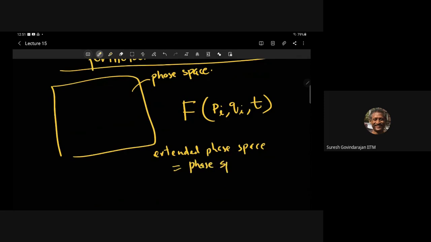So it's one dimension higher. This is 2n plus 1 dimensions, and phase space is 2n dimensions.